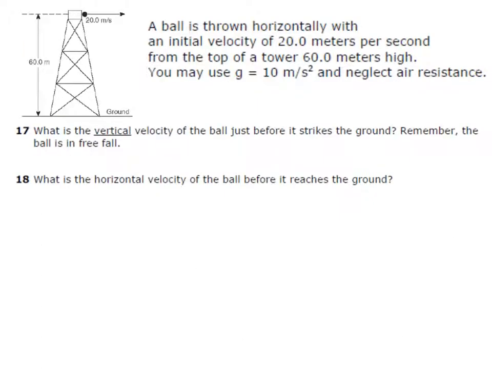Using the same information, the next question says, what is the vertical velocity of the ball just before it strikes the ground? Well, we can use V final is equal to V initial plus GT, or AT. Either one, AT and or A and G are the same.